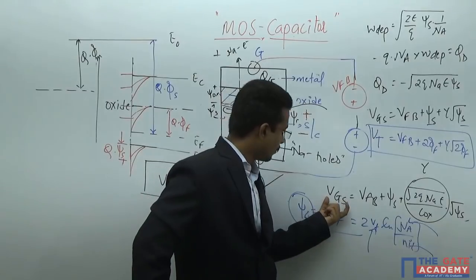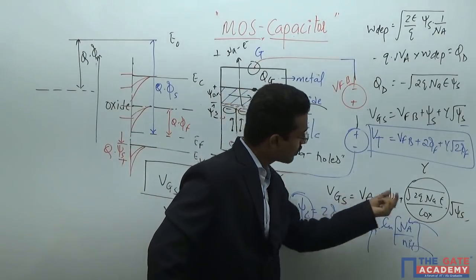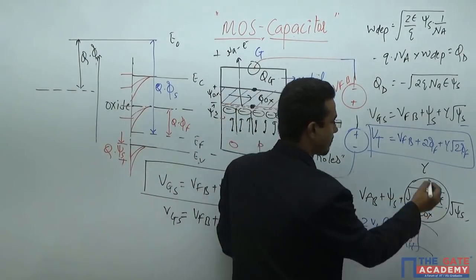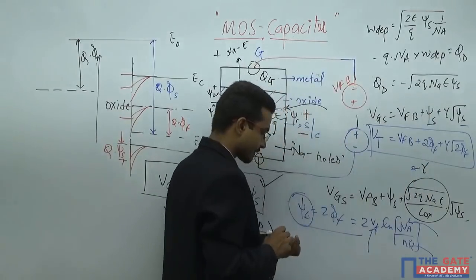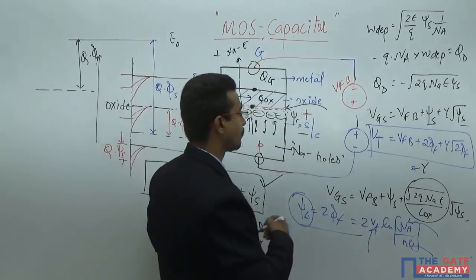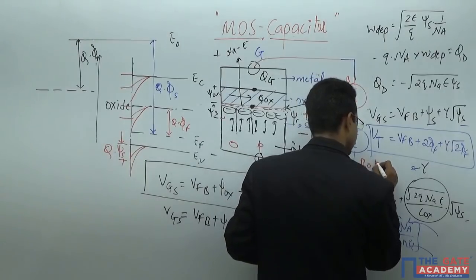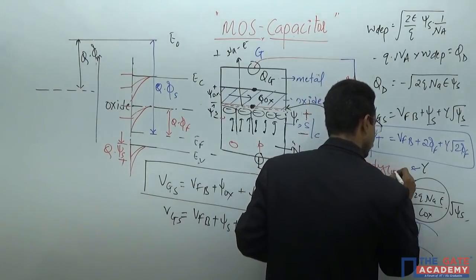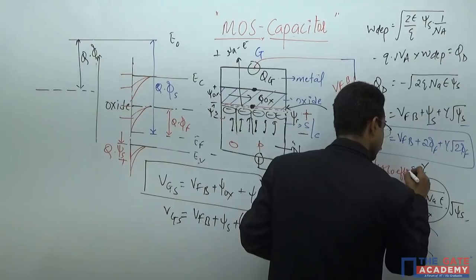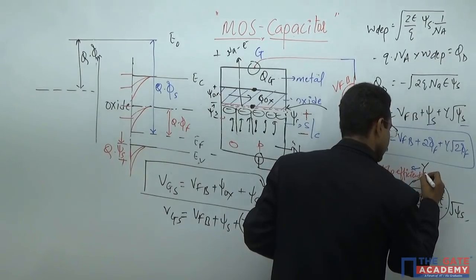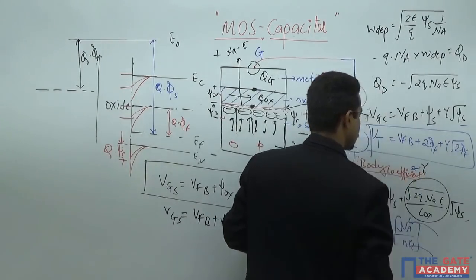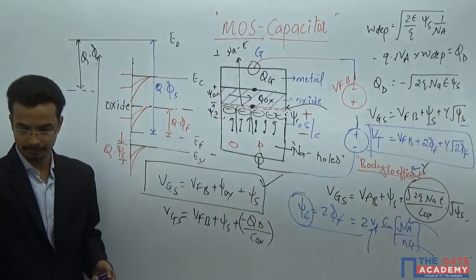This value depends on these parameters. Gamma is known as the body coefficient. This is known as the body coefficient.